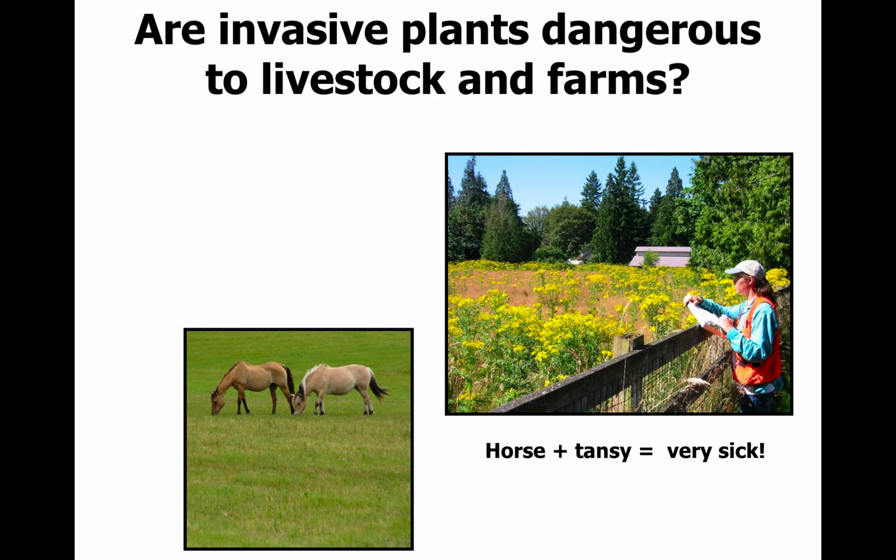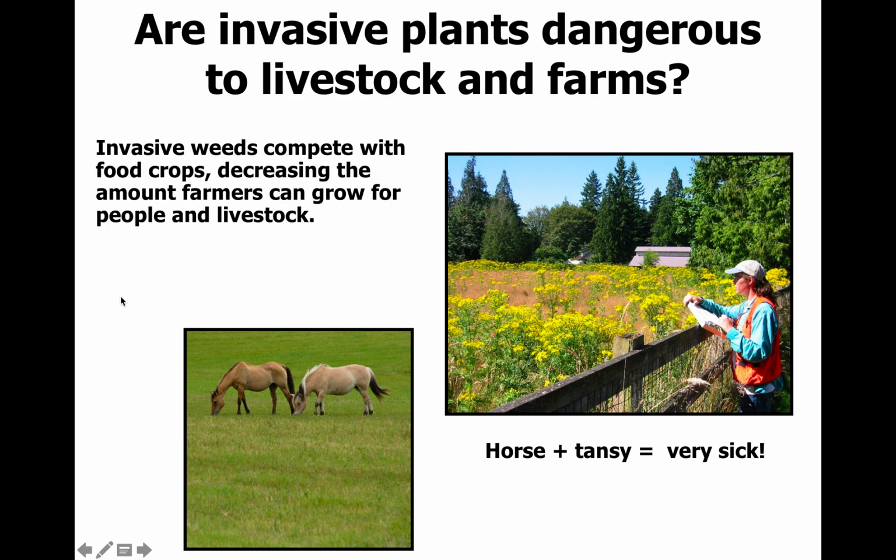So they can be really dangerous to some animals and livestock. So this is something called tansy. And if this were to blow into a horse pasture and the horses eat it, they could get very sick. And so again, not only do you have competition with the foods that animals are eating, but you can also make them sick.